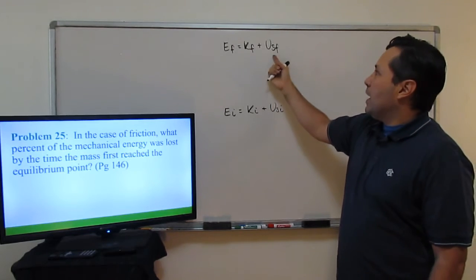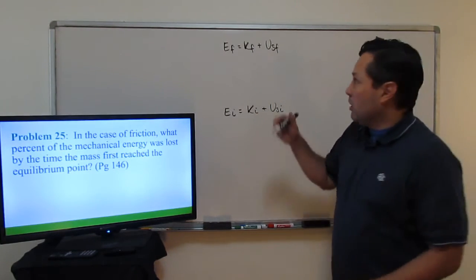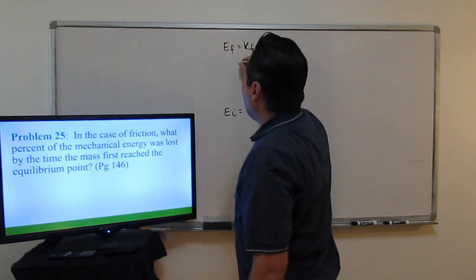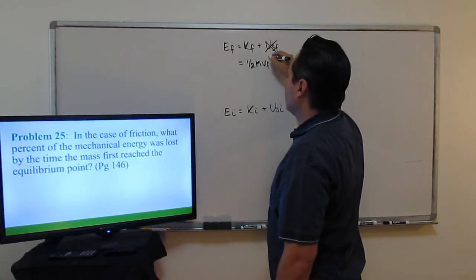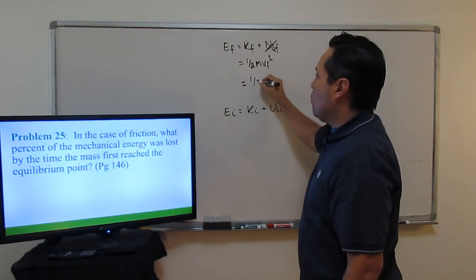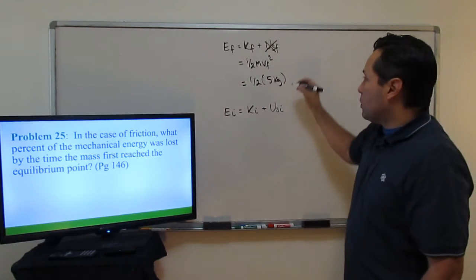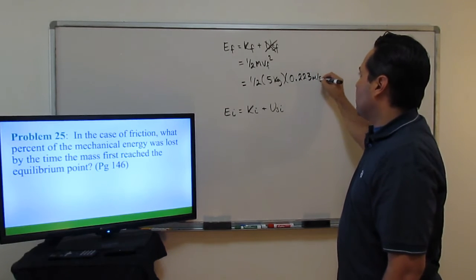Alright, so at the end, mechanical energy final is kinetic energy final plus potential energy of spring final. At the end, the spring was not compressed nor stretched out, it was at equilibrium, so therefore there's no value for this one. It only had kinetic energy, and that is 1/2 mass times velocity final squared. Plugging in the values, 1/2 the mass, which was 5 kilograms, and for part C our velocity was 0.223 meters per second.